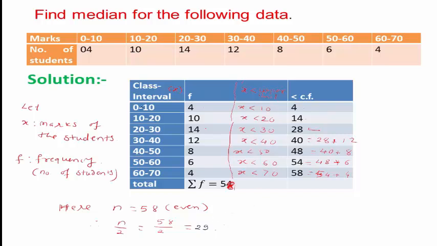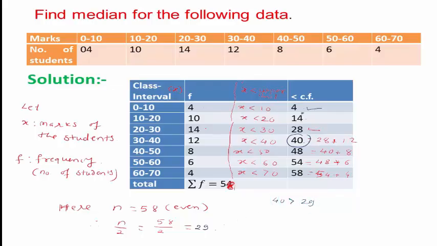The cumulative frequency for the first class is 4, for the second class is 14, for the third class 20 to 30 is 28, and for the class 30 to 40 is 40. This 40 is just greater than 29.